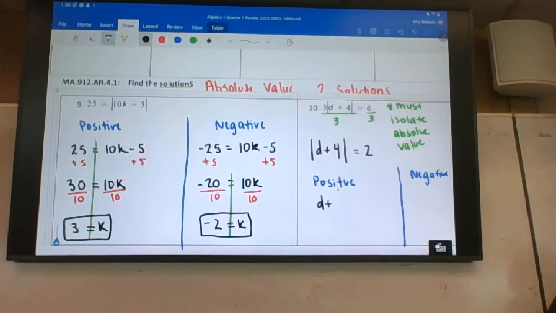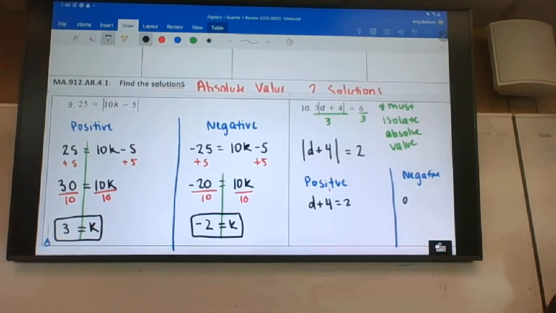So I have d plus 4 equals 2, or it's totally possible that d plus 4 equals negative 2, which would give you a negative 6. So d might be negative 2, and d might be negative 6.